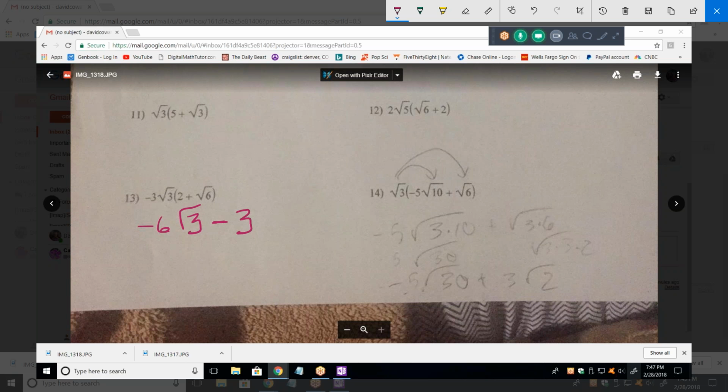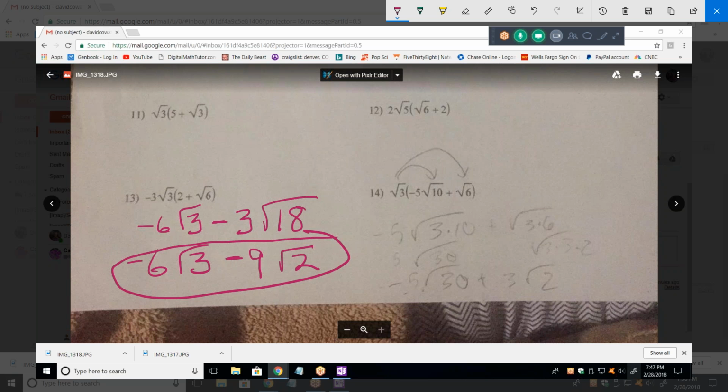Minus 3 squared is 18, and 18 you can pull out a 3, and so that's -6 square root of 3 minus. Hold on. You can pull out a 3, but it's got to multiply by the 3. Yeah, so minus 9 square roots of 2. That's right.